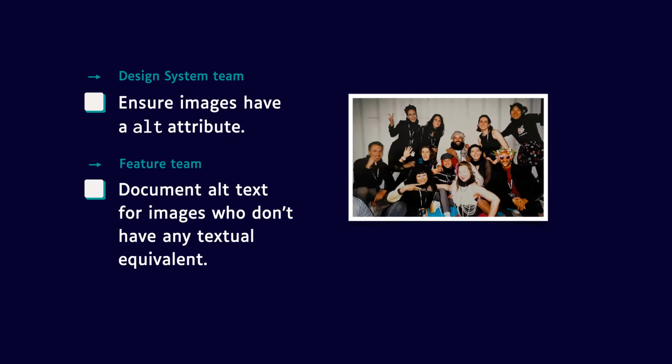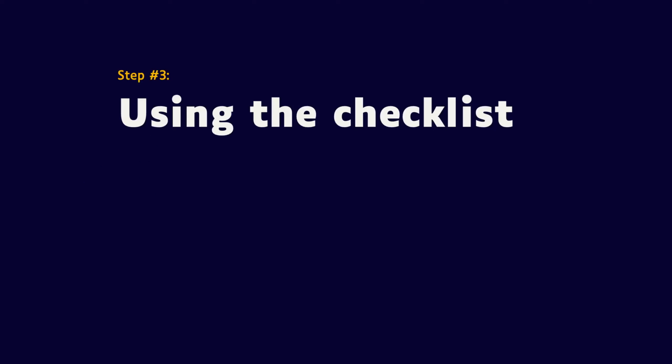So an example of how this could work would be to say that the design system team ensures that images have alt attributes, while the feature team documents alternative text for images that don't have any textual equivalent, but still bear some importance, conveying some important meaning.